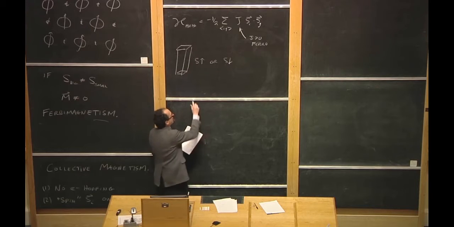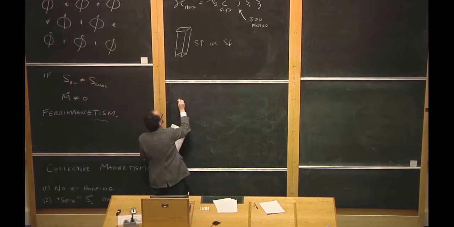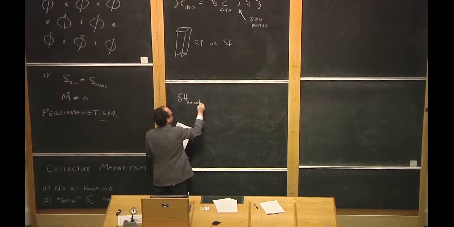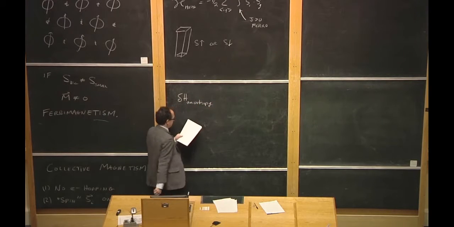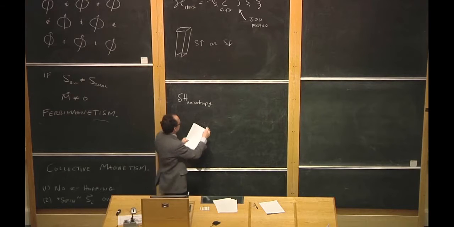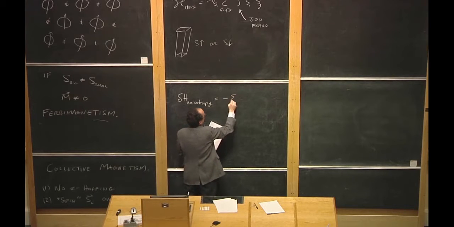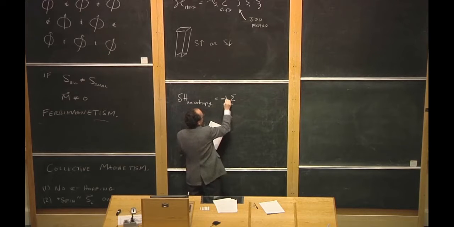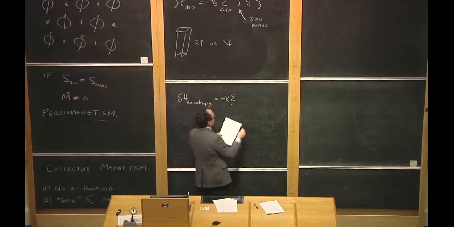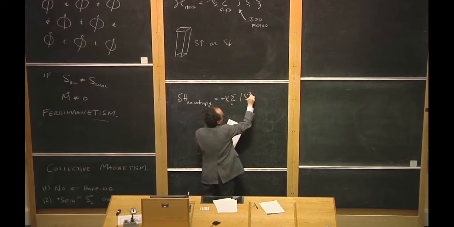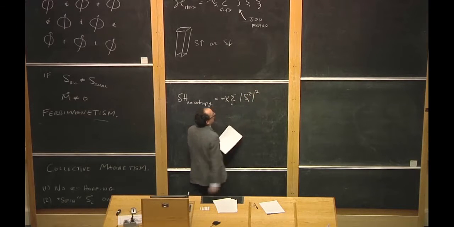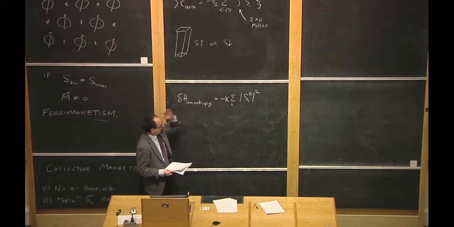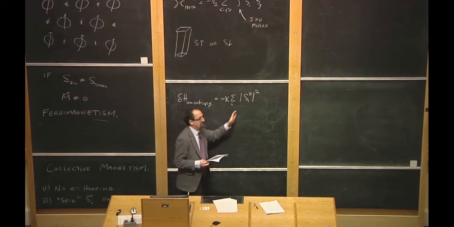In order to represent that, we write down an additional term of the Hamiltonian, H anisotropy, which might take the form: sum over all atoms, minus a kappa out front, that's some constant, S_i in the z direction squared. Why is this going to prefer having the spin in some particular direction?